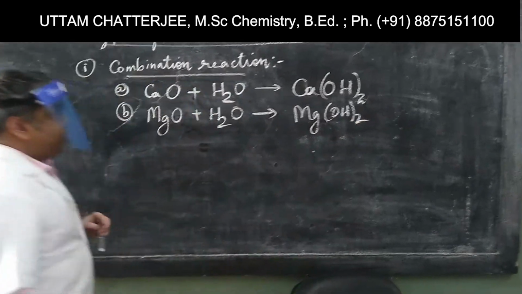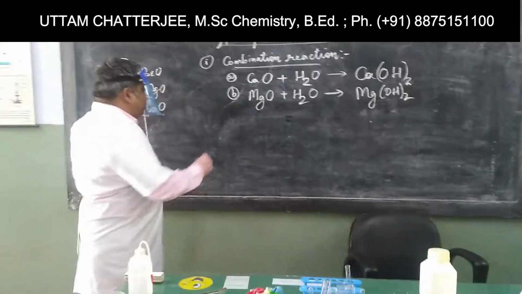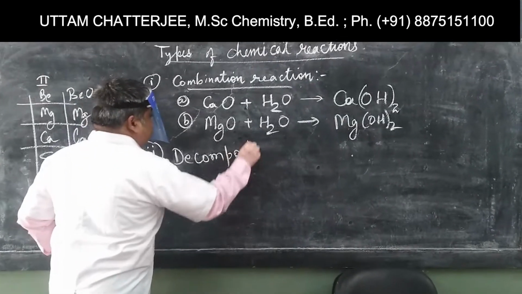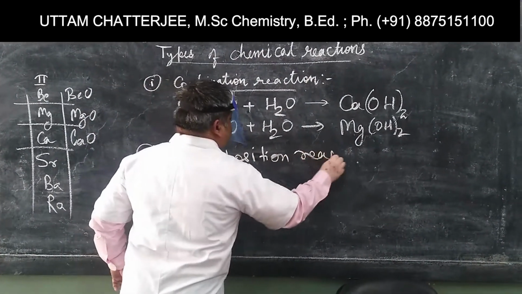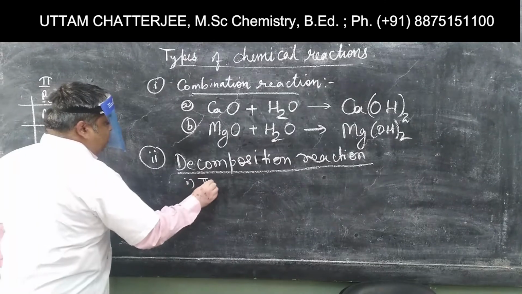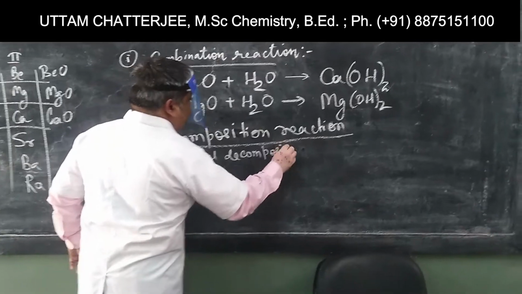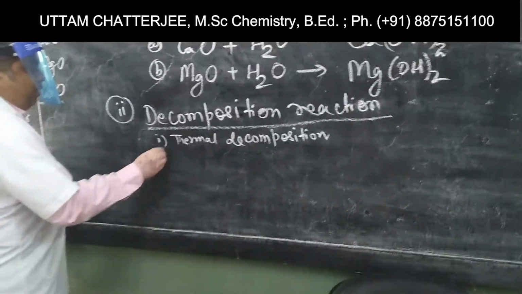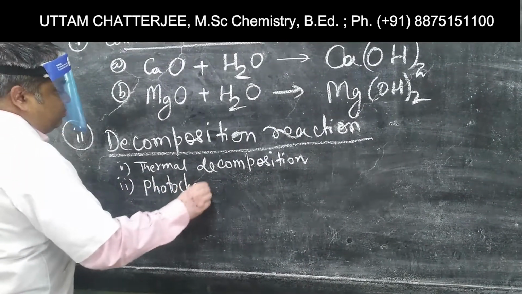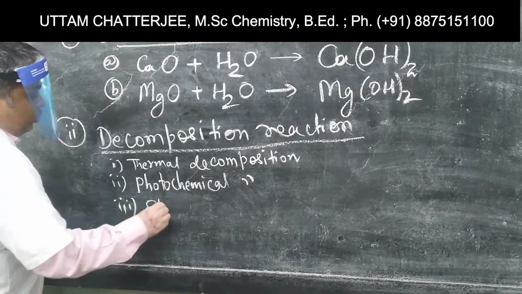So easy. Next type of chemical reaction is decomposition reaction. So it could be thermal decomposition, or can be photochemical decomposition, or can be electrolytic decomposition.